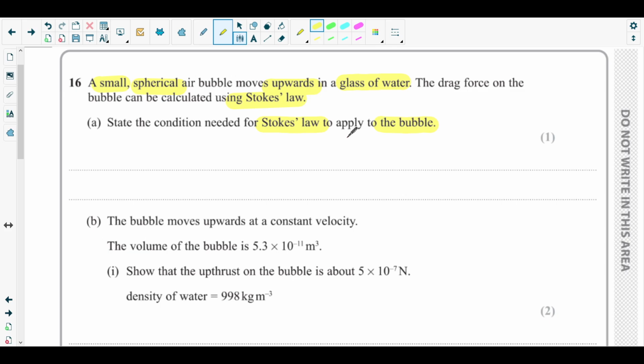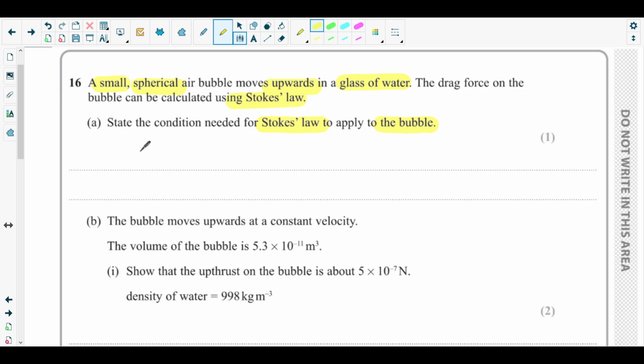This is one. Or you can write that the bubble is moving slowly. Both are interrelated, because if the bubble is moving slowly, then the flow of fluid around it will be laminar, definitely. So you can write either of them.